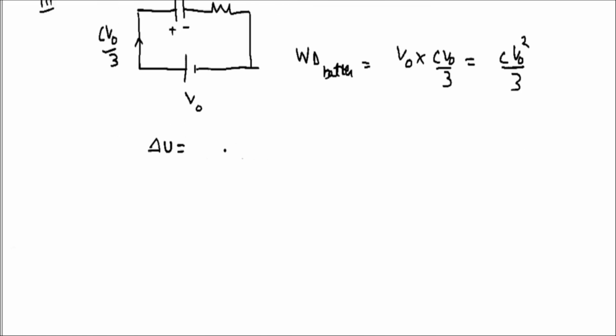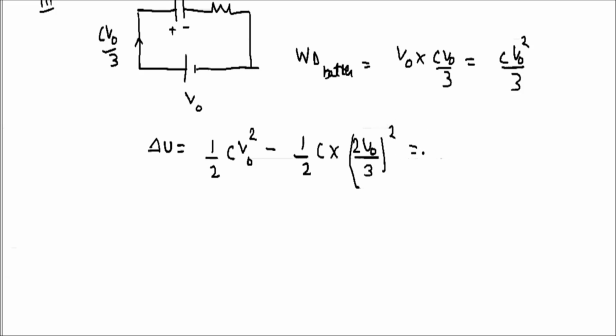It would be equal to 1 divided by 2 into C into V naught square minus 1 divided by 2 into C into the initial voltage squared. What was the initial voltage? It was 2V naught by 3. So (2V naught by 3) square. Okay, if we calculate this, sorry, this would be 5CV naught square by 18.